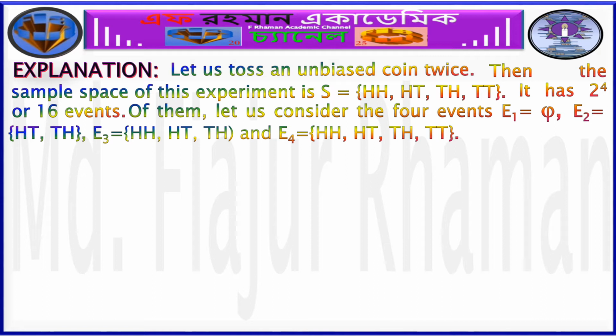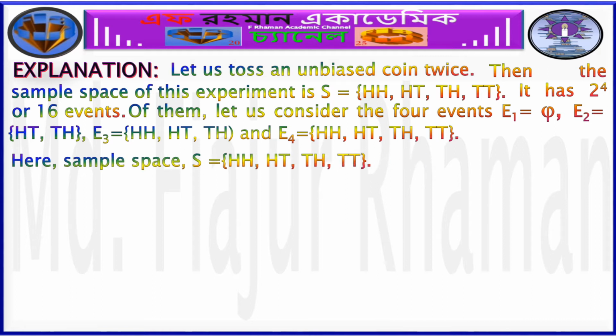E1 is an impossible event. E2 and E3 are both proper events. E4 is a sure or certain event as E4 is equal to S. Here sample space S = {HH, HT, TH, TT}.